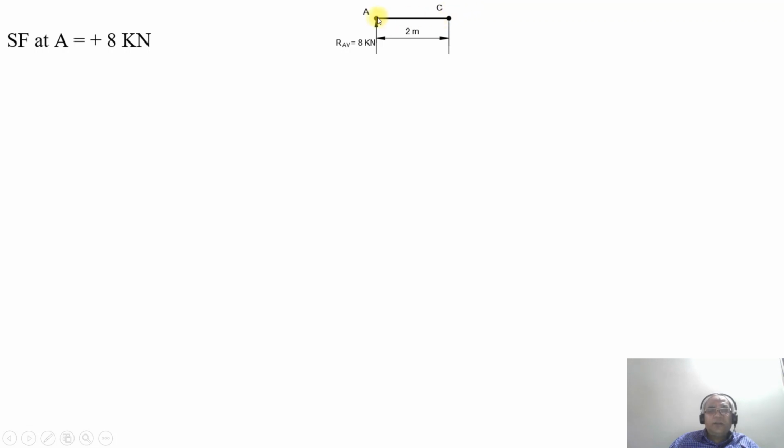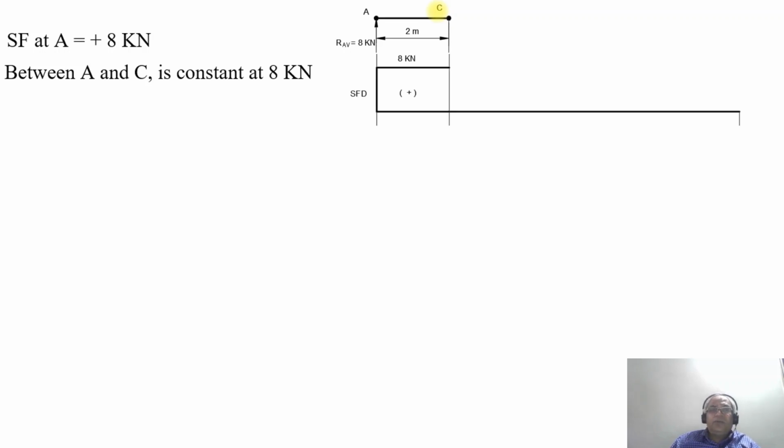Between A and C, as there is no other load acting on the beam, the shear force remains constant at plus 8 kilonewton. That is what we have shown here: SF at the point A is plus 8 kilonewton, and between A and C it is constant at plus 8 kilonewton. Now, what will be the bending moment at the point A?